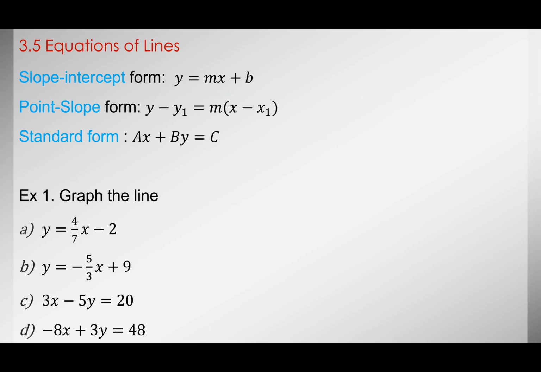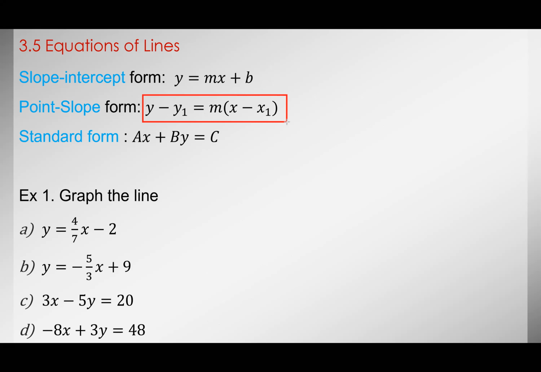These are the three formulas that you will be using in 3.5. But for now, we will not use these three yet. We will graph them first, and then we will use them later. You probably will not see it until the end of class today, okay?